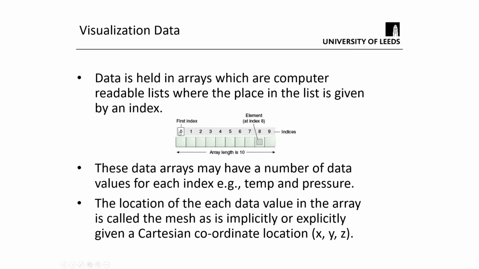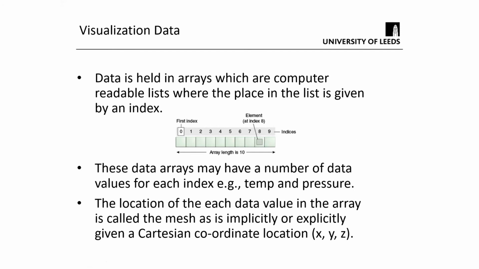You have the index, which tells you how far from the start of your contiguous memory you are, and then you've got an element, and you've got the length of an array. So for example, if you had an array of length 10 and you went beyond the end of the array, you don't know what you might be picking up, and you'd probably crash your machine. Quite often that happens. So these are the important things to remember.